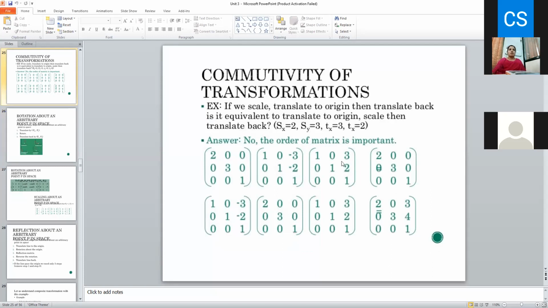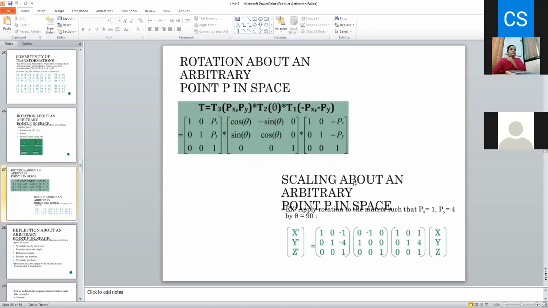This is seen with this example: this is your first matrix, second, and followed by third, the same T matrices I am using here. If I interchange the first and second, and keep the third as it is, I get a different result. So to get the accurate result, you have to stick to the order of the operations compulsorily.